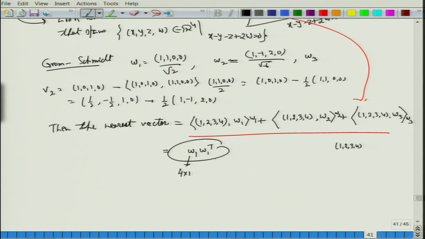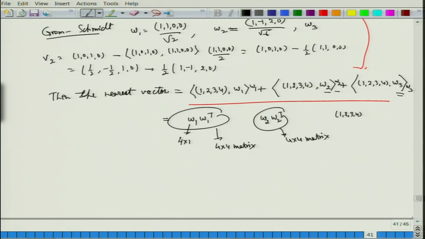If I look at this part, this together gives me a 4 cross 4 matrix, fine. Again, if I look at just W2, W2 transpose, this also gives me a 4 cross 4 matrix, and similarly this part also gives me a 4 cross 4 matrix.